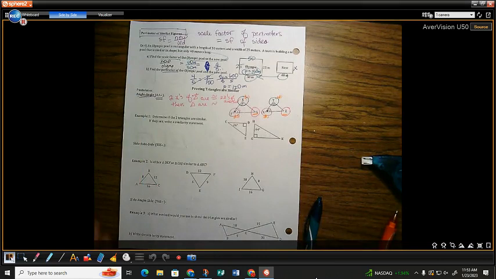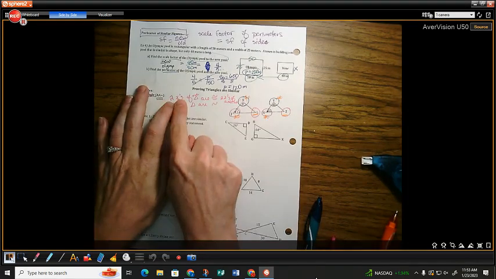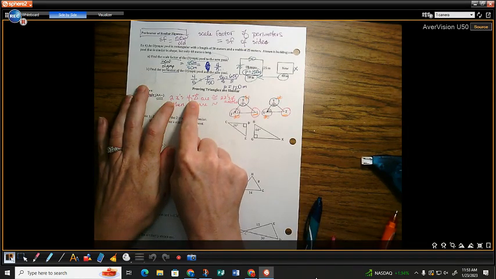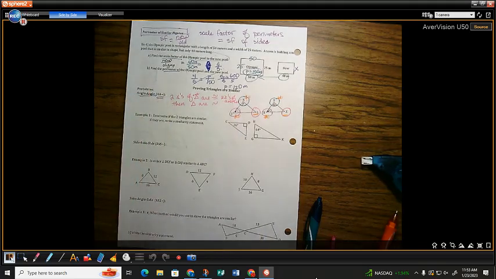We don't want someone saying, oh, it's isosceles, it's congruent to the other isosceles, because you don't know that for sure. So it's got to be two angles of one triangle congruent to two angles of a different triangle.